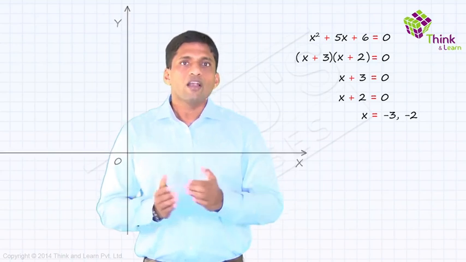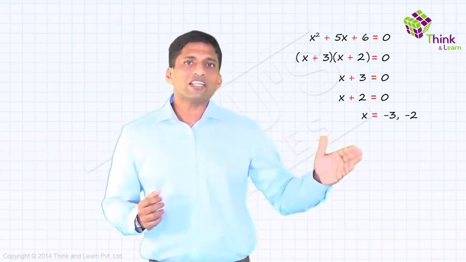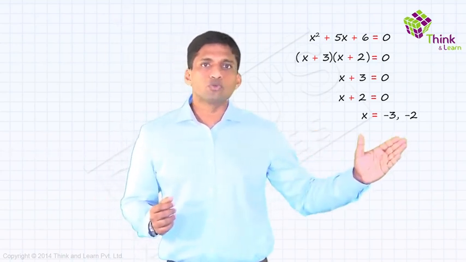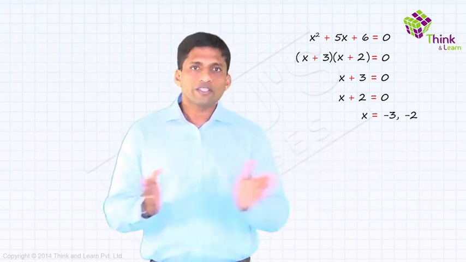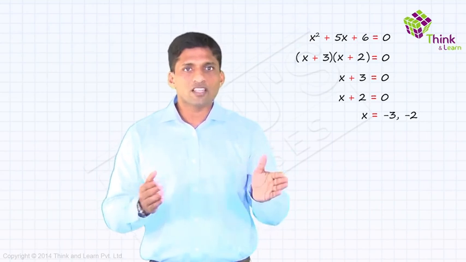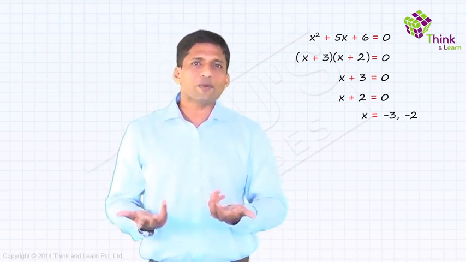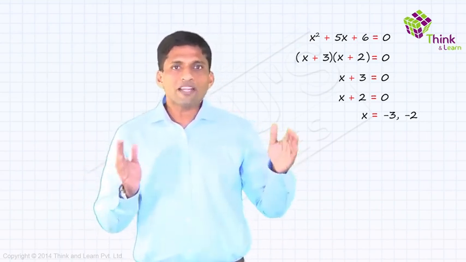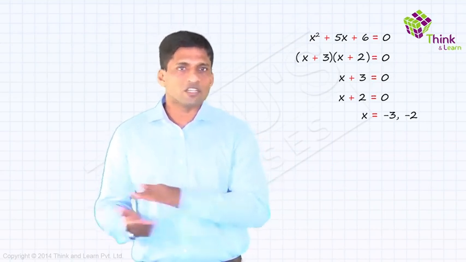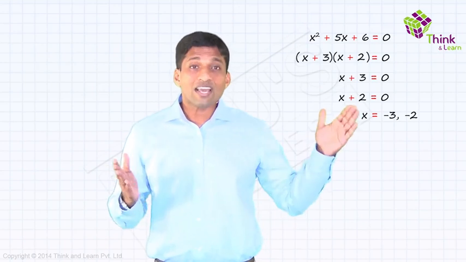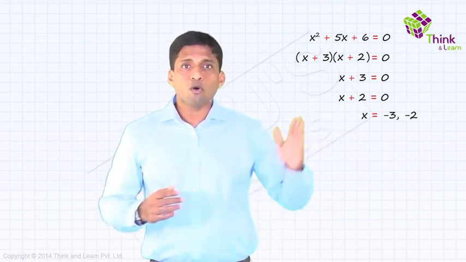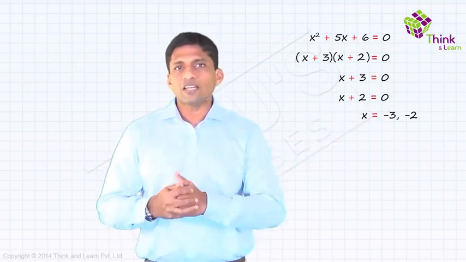That is why when x equal to minus 3 or when x equal to minus 2, the rectangle is disappearing here, because either length is becoming 0 or breadth is becoming 0. That is, from being 2-dimensional, you are making it 1-dimensional. It's actually becoming a line. So there is no area. So you can relate the two, what is happening here in numbers and what is happening in the diagram.